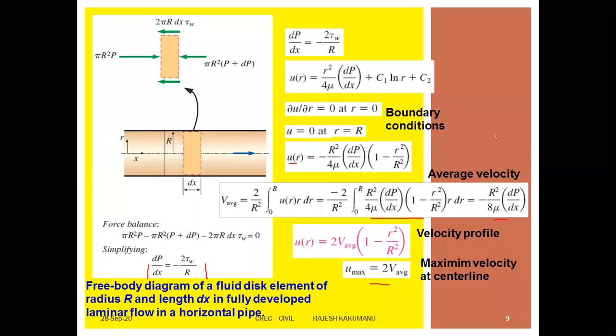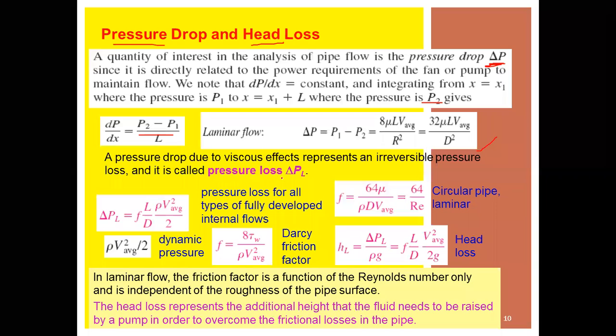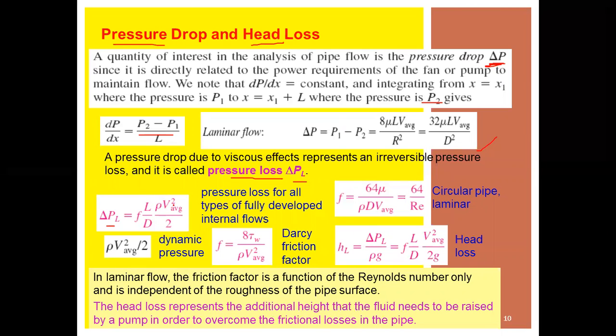A pressure drop due to the viscous effects represents an irreversible pressure loss, and it is called the pressure loss, delta PL. Therefore, delta PL is equal to f into L by D into rho V square average by 2. This is the pressure loss for all types of fully developed internal flows.